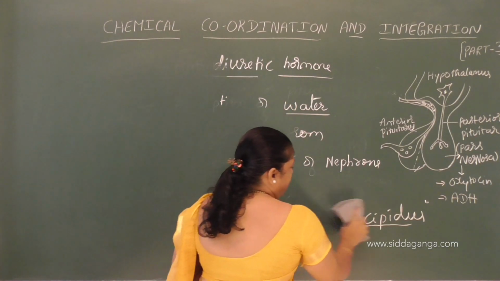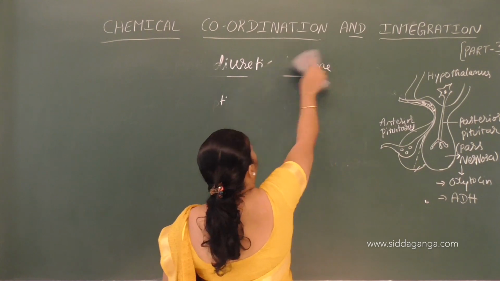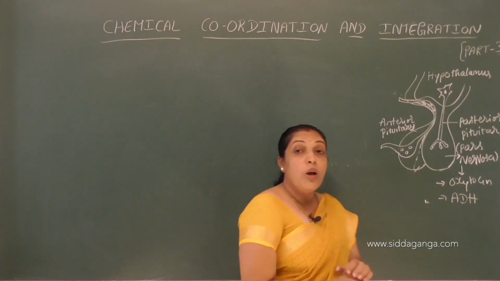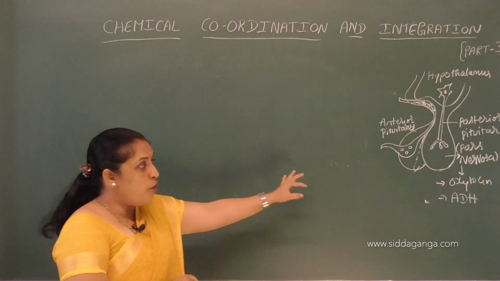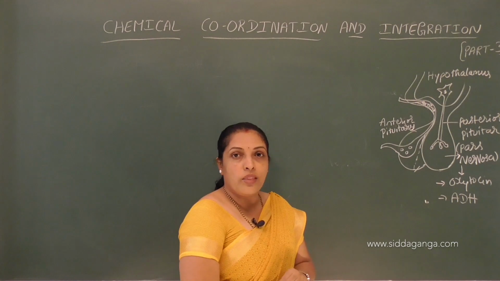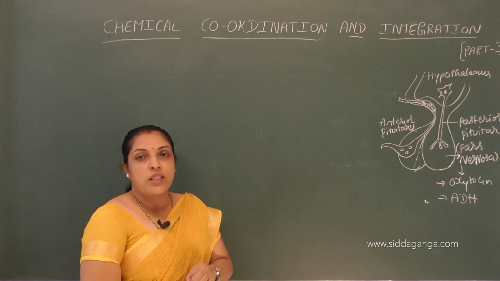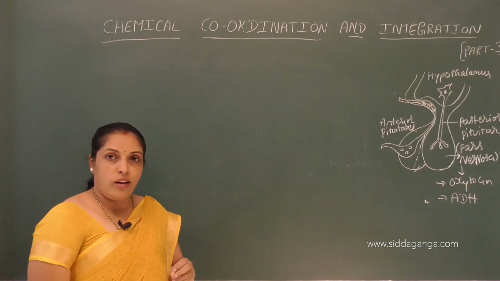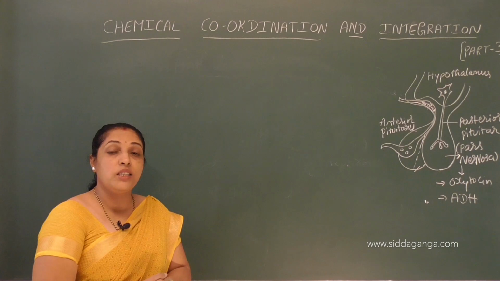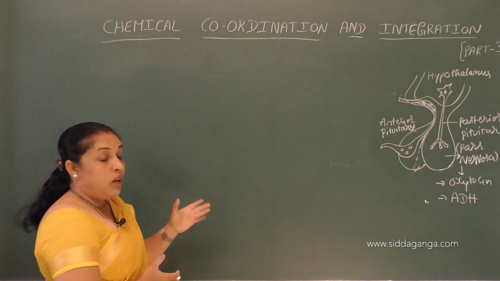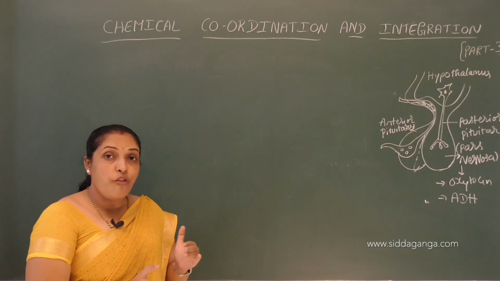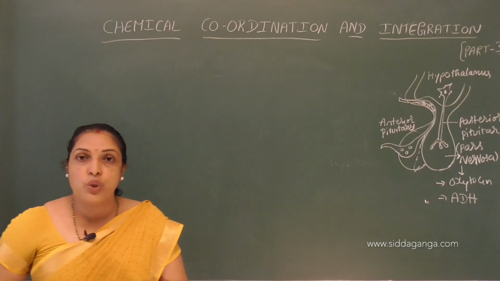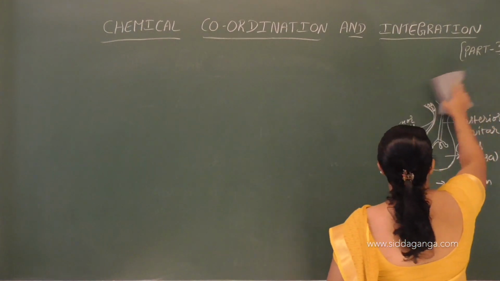As most of the functions in our body are controlled by hormones produced by the pituitary gland, it is called the master of endocrine glands, and the function of the pituitary gland is controlled by the hypothalamus. So we may call the hypothalamus the master of the master gland, because the hypothalamus controls the pituitary gland. Understood? So next we will go with the pineal gland.